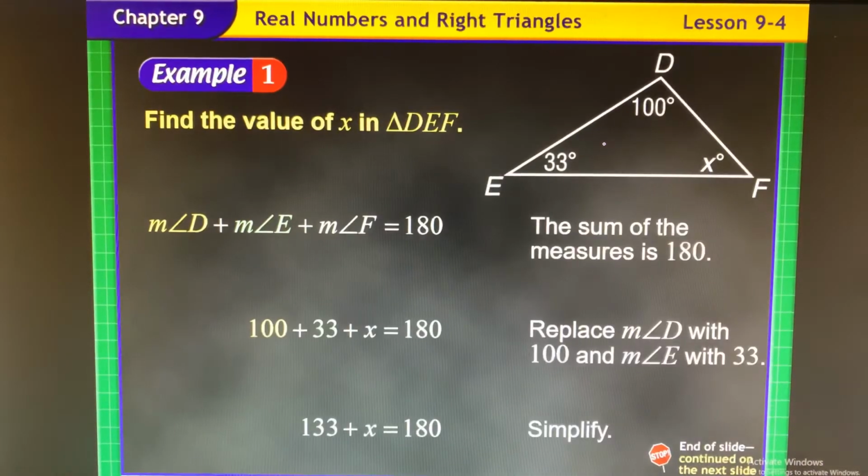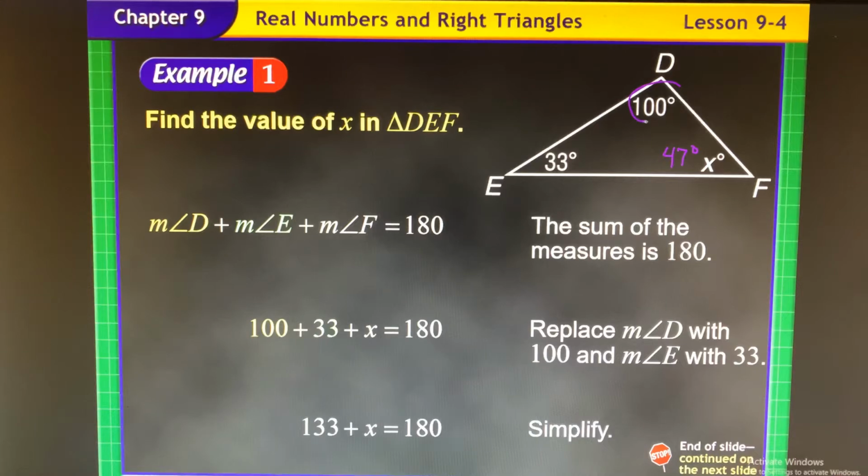So I want to go back for a second. I want to write 47 degrees right here, and I want to identify this triangle for you. None of the angles are equal. That makes it a scalene triangle. I just named it by its sides. And one of the angles, and that's all you can have, is greater than 90 degrees.